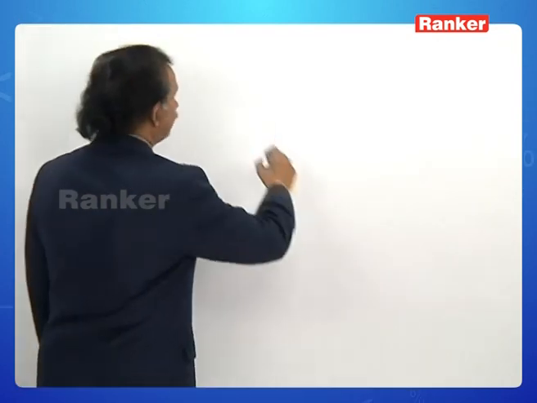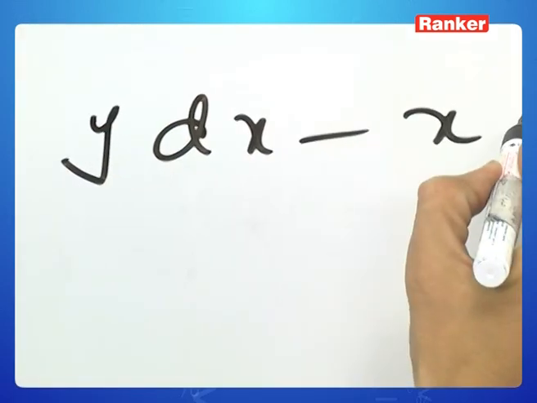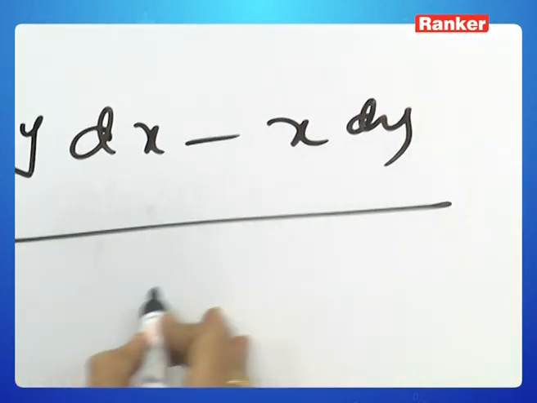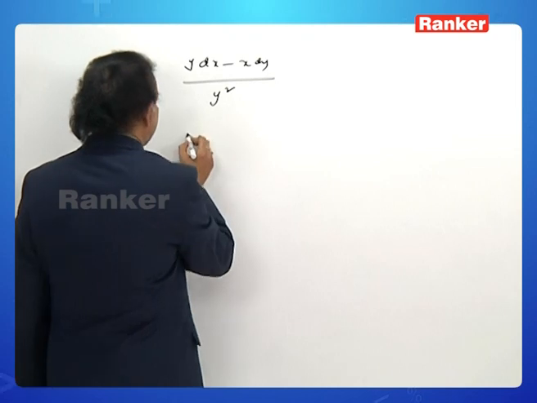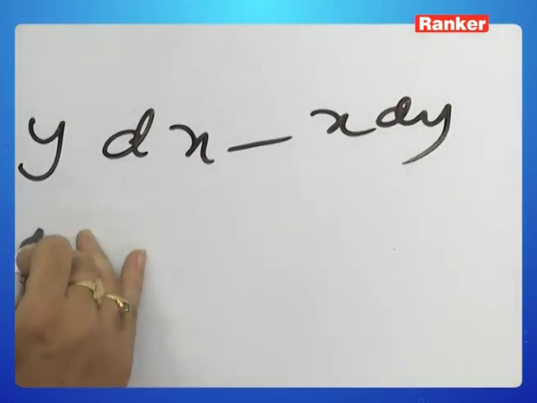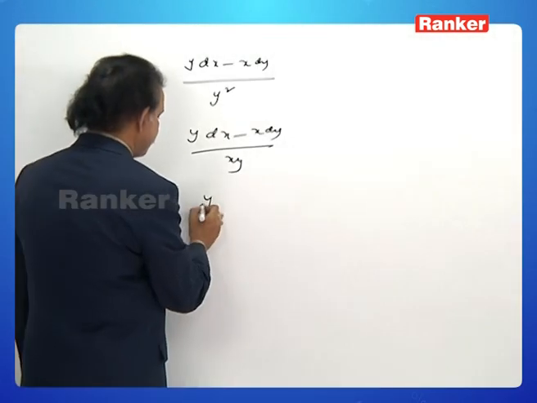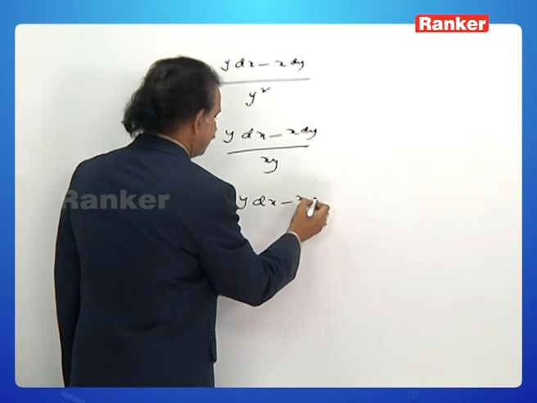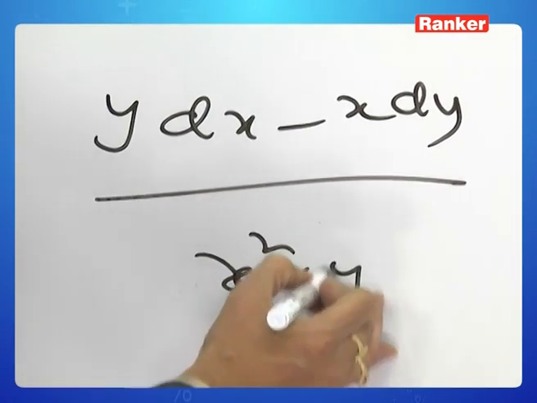Another variety, you look at that. (y dx minus x dy) by y square. (y dx minus x dy) by xy. (y dx minus x dy) by (x square plus y square).